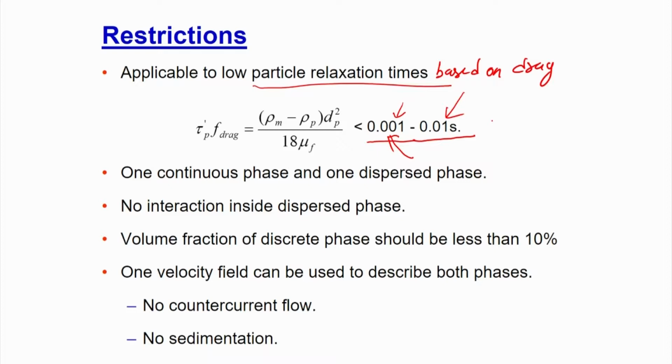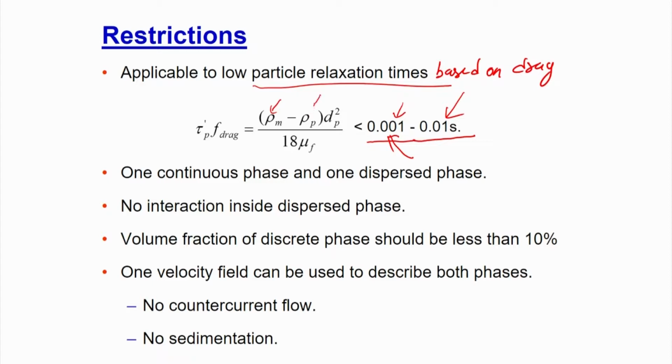So, that is why tau prime into f drag, which is nothing but rho m minus rho p dp square upon 18 mu f, you can calculate all these things. Rho m can be calculated if you know the density of the individual phases and the volume fraction of the individual phases.